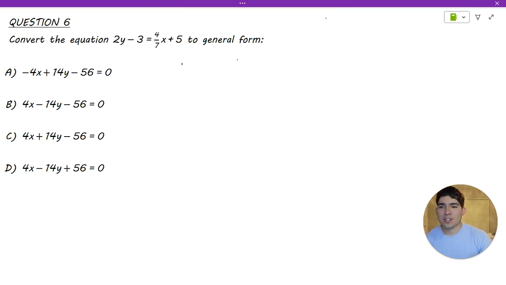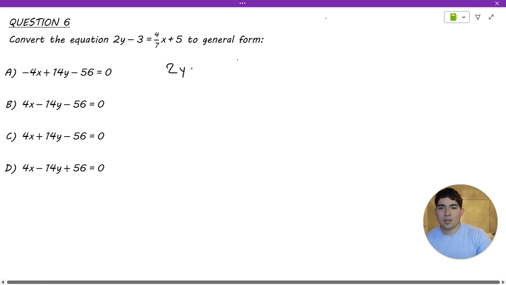Alright, so moving on to question 6, we have another problem where we need to convert the equation to general form. This time the equation is not in standard form. It looks a little bit different, so we need to work with what we got. So I'm just going to rewrite the formula like I've been doing. 2y minus 3 is equal to 4 over 7 x plus 5.